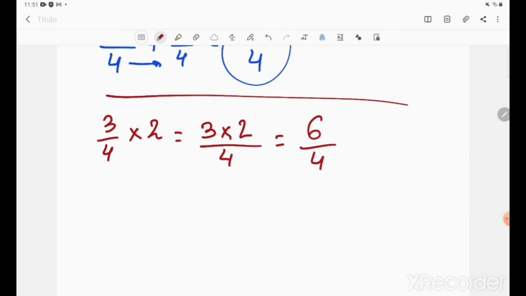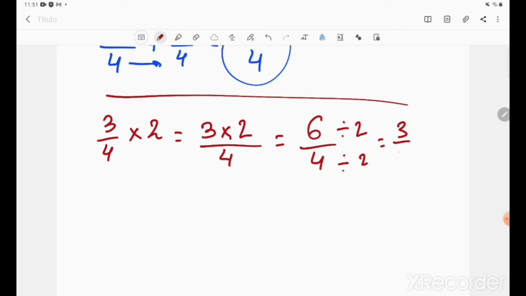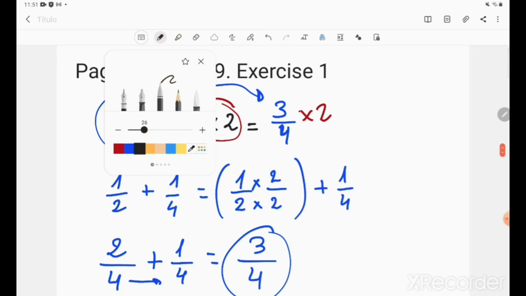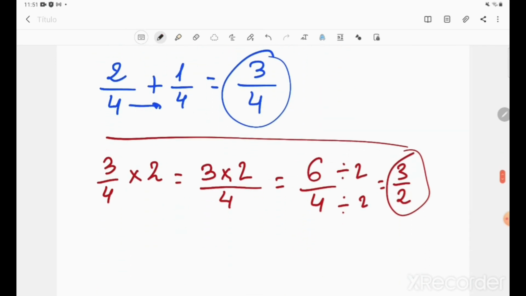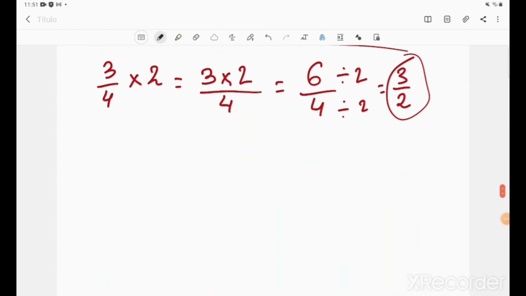This number we can divide to simplify by 2. So 6 divided by 2 equals 3, 4 divided by 2 equals 2. This is the final answer, 3 over 2. That's it. Perfect. Let's do one more example, please.